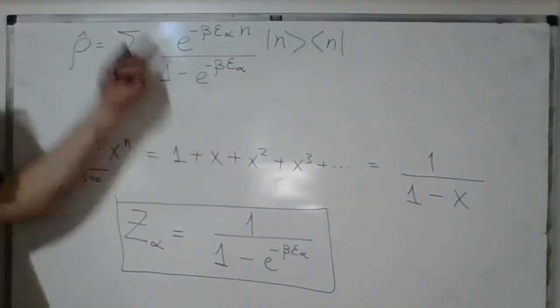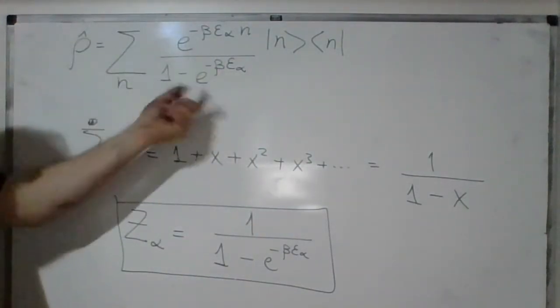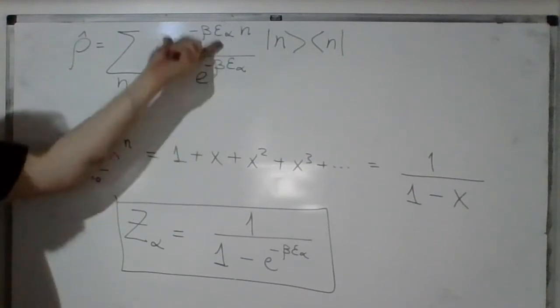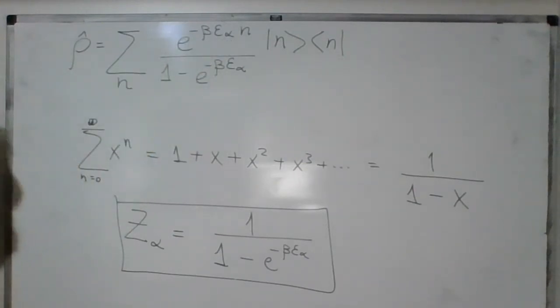Because this is just 1 over the partition function. We can divide any element here, all right?